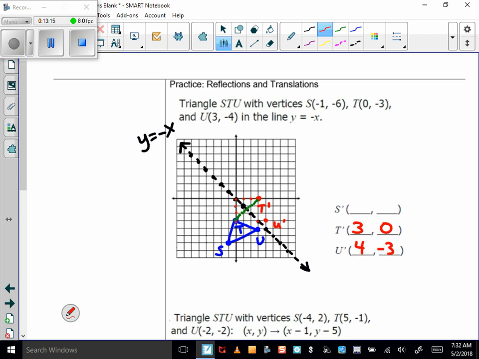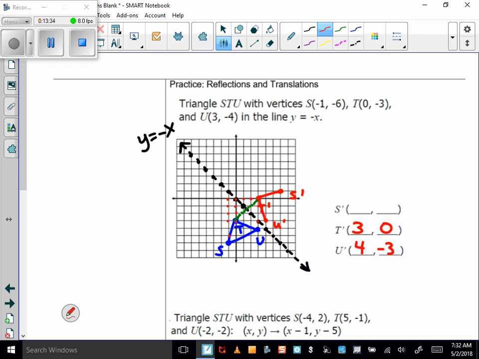And then finally for S, how far up do I have to go? I got to go 1, 2, 3, 4, 5, 6, 7. So I'm going to go over 7 from that point. 1, 2, 3, 4, 5, 6, 7. There's going to be S prime. Here's going to be my triangle.